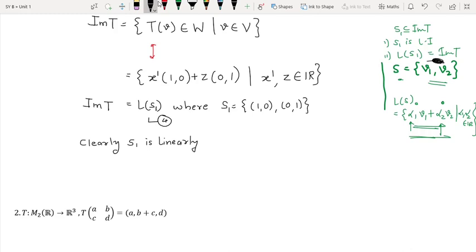Okay, no issues with this, since S1 is a standard basis, so I will call it sum 5.